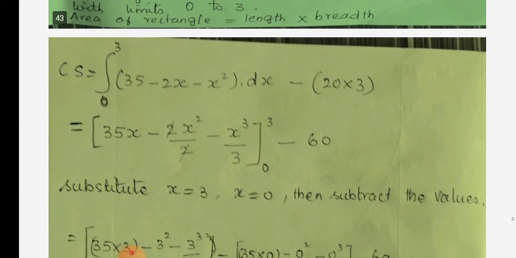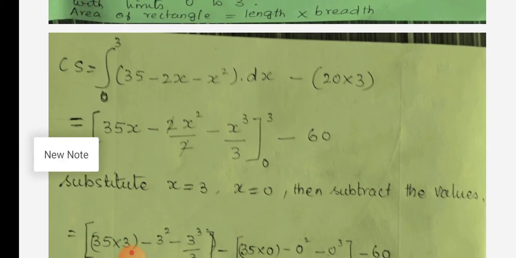When you integrate a constant value, you get whatever is the number succeeded by the value x. So, 35 when you integrate it becomes 35x, and when you integrate 2x, integration means what? Addition of powers.